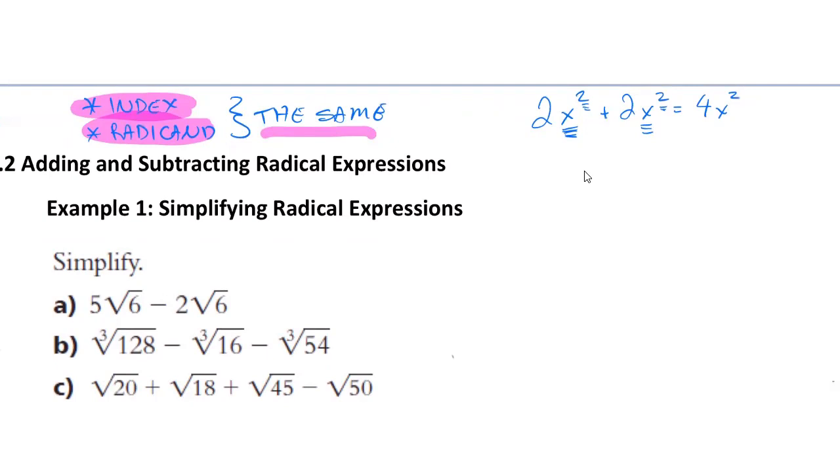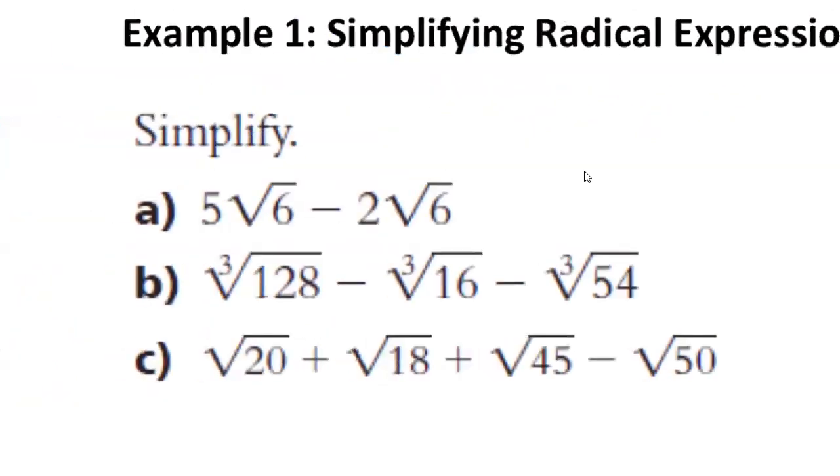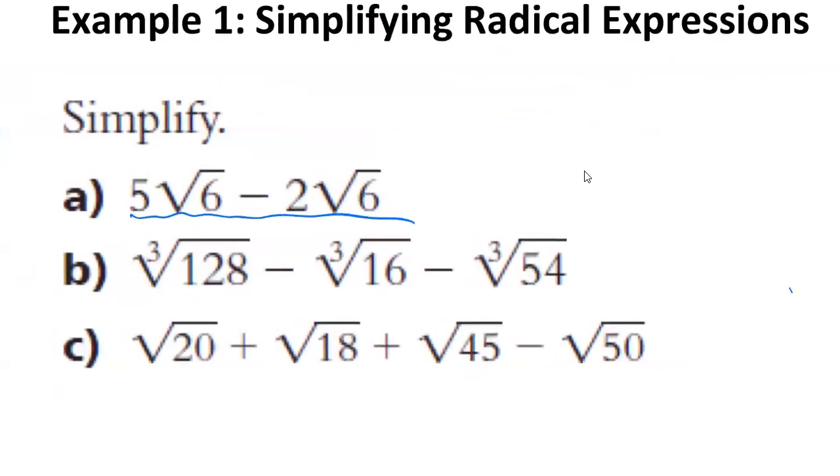Okay, so sometimes these radical expressions already have the same radicand and the index. As soon as you see a different index, then you cannot combine those together. But because both of these, 5 root x and minus 2 root x, are technically square roots, we can add these together.